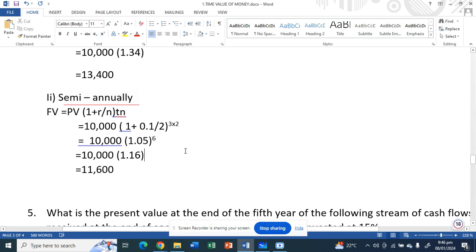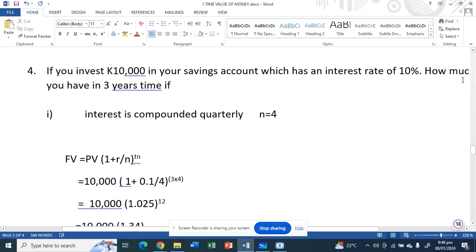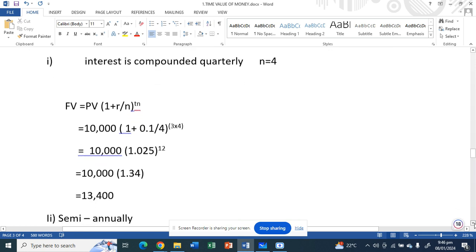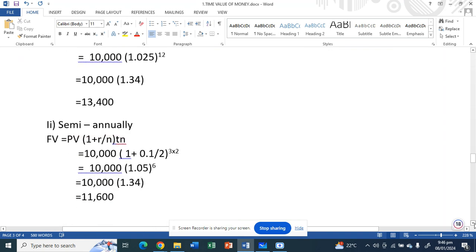Right, so 1.05 to the power 6, we get 1.34. Then 10,000 multiplied by 1.34, you also still get 13,400.